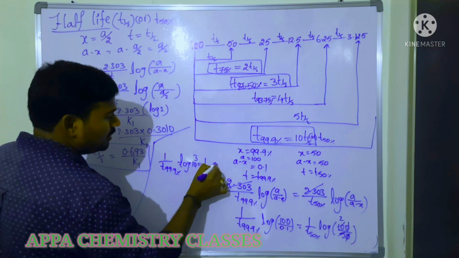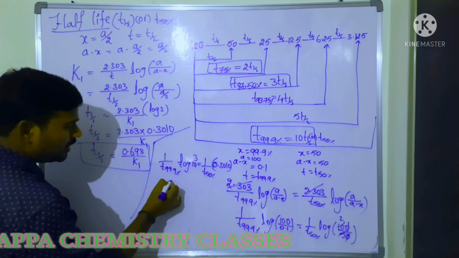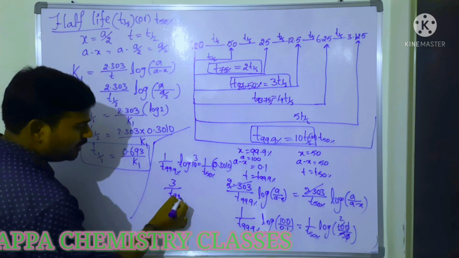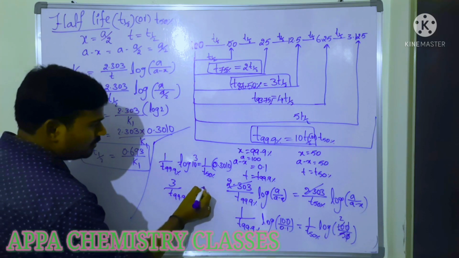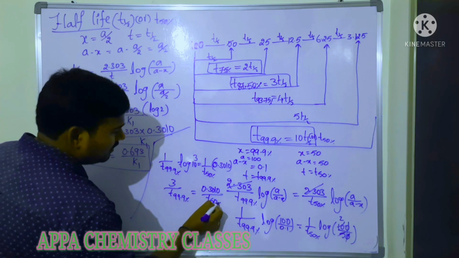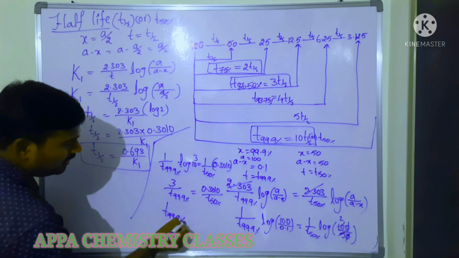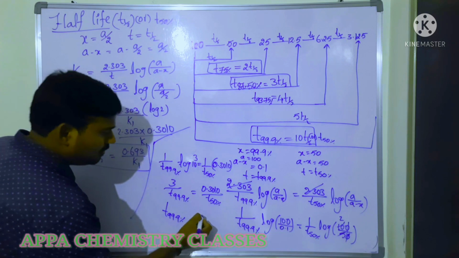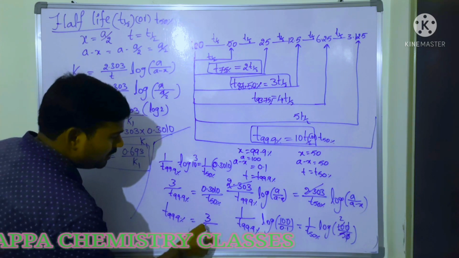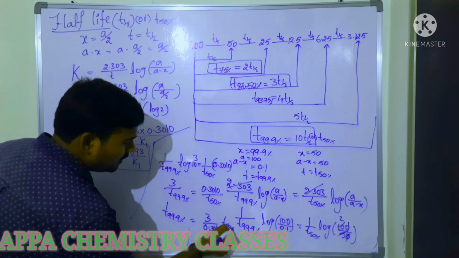Log 2 value is 0.3010. So here we can write it as 3 log 10, and log 10 is 1. 3 by T 99.9% is equal to 0.3010 by T 50%. Now T 99.9% is equal to 3 by 0.3010 into T 50%.